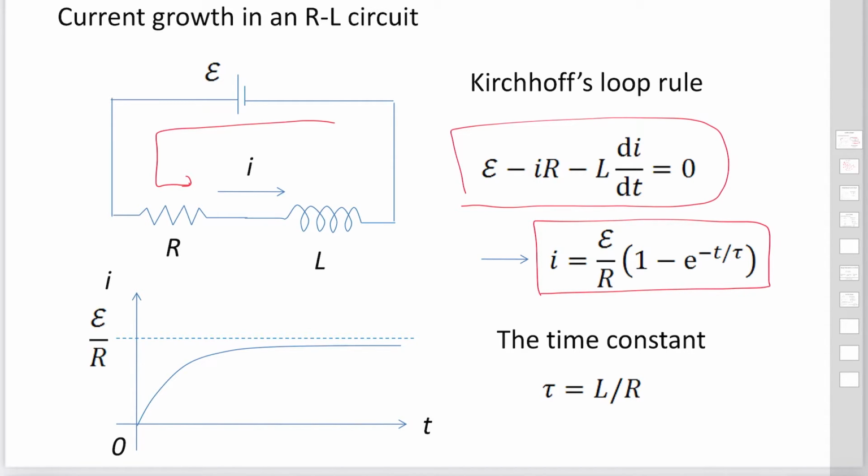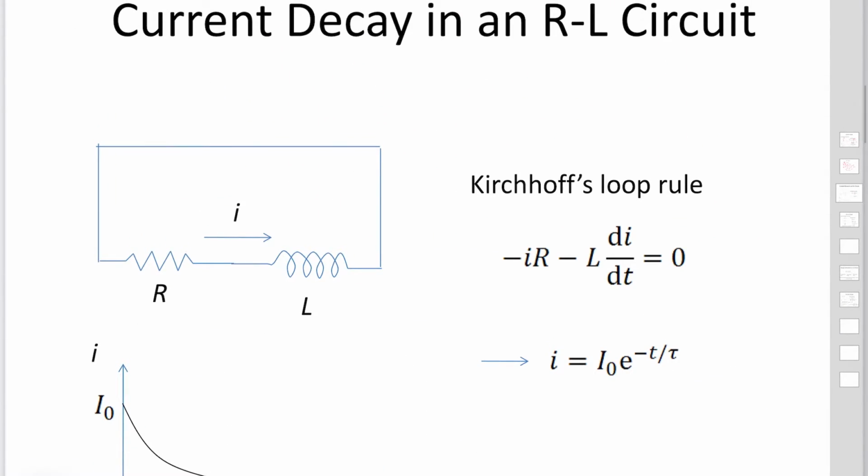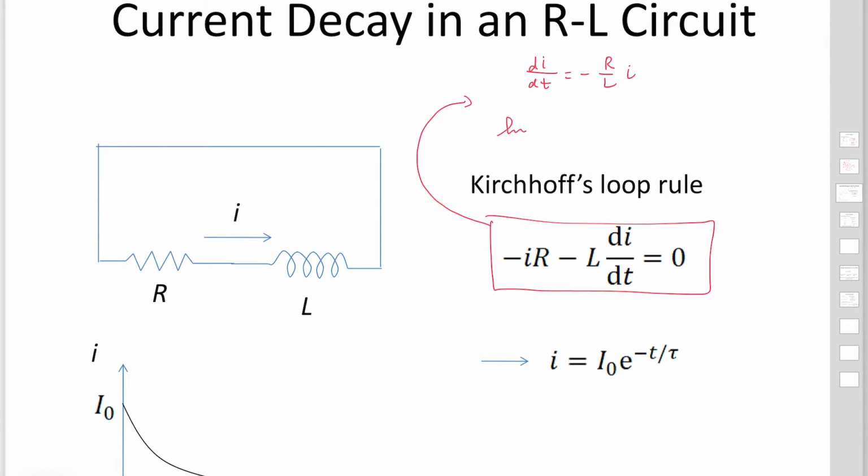If we remove the battery, current is decaying in an RL circuit. We don't have any terms related to epsilon, so the new equations are expressed here. Then the differential equation becomes di over dt equals minus R over L I, so log I equals minus R over L t plus a constant.